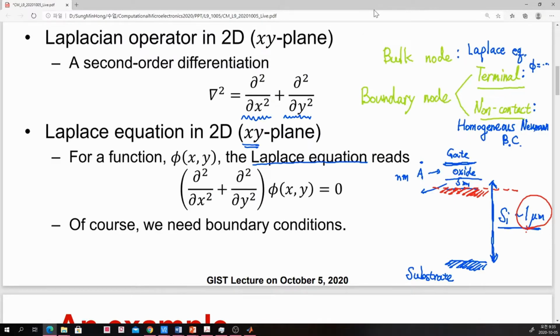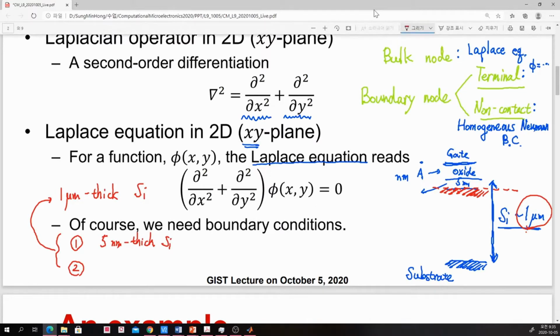I mean that this person has tried two different things. One is that the system itself has a 1 micrometer thick substrate, and he or she just introduced 5 nanometer thick silicon whose doping density is identical with the original 1 micrometer thick silicon.